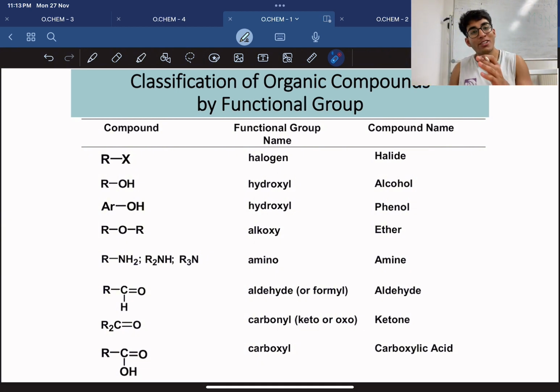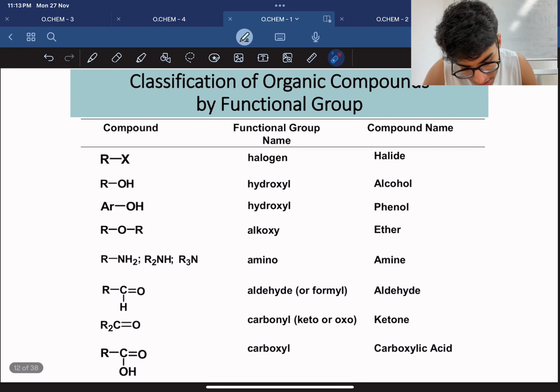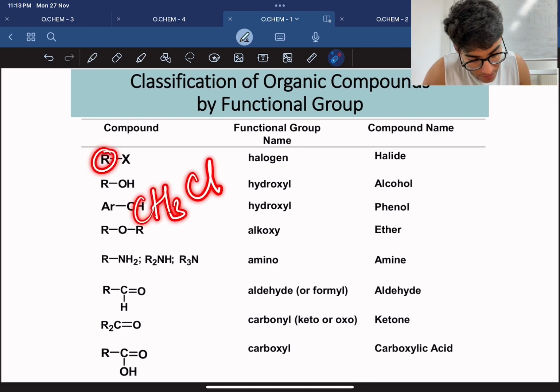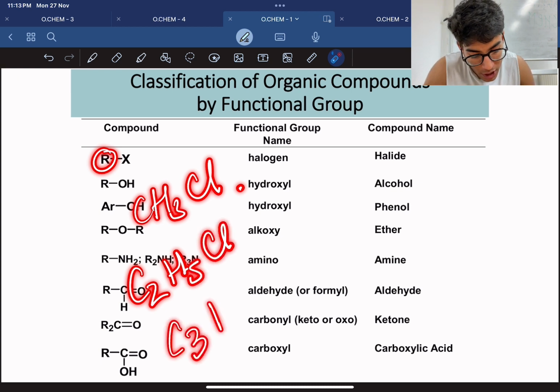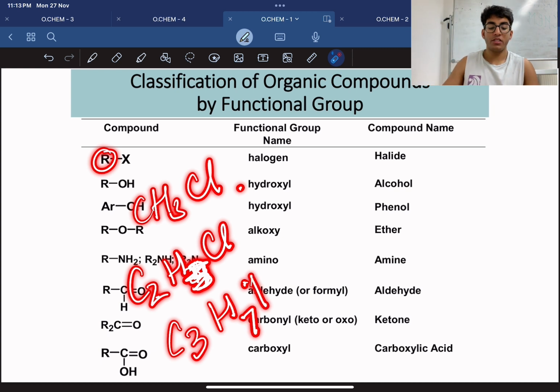So as soon as it's attached to a compound, no matter what compound it is, it could be, for example, looking at this R, let me say CH3Cl, or C2H5Cl, or C3H7Cl.